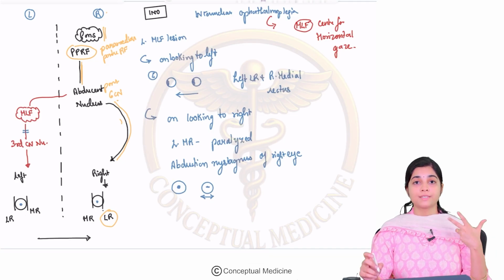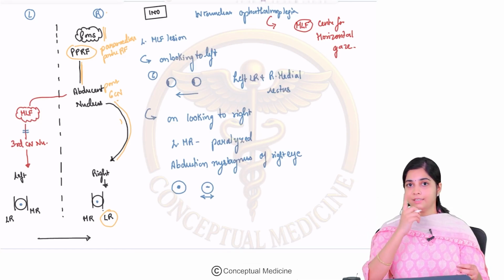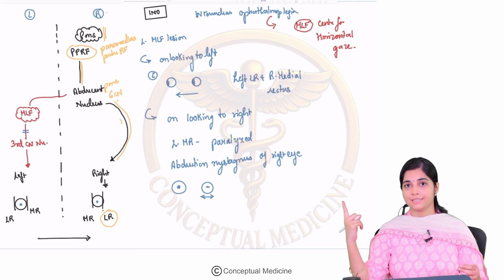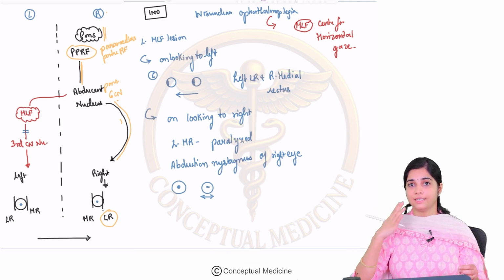For synchronous movement of the right-sided lateral rectus, the left-sided medial rectus should also contract at the same time. Only then will you have a synchronous gaze. So the PPRF is going to control your contralateral medial rectus as well.